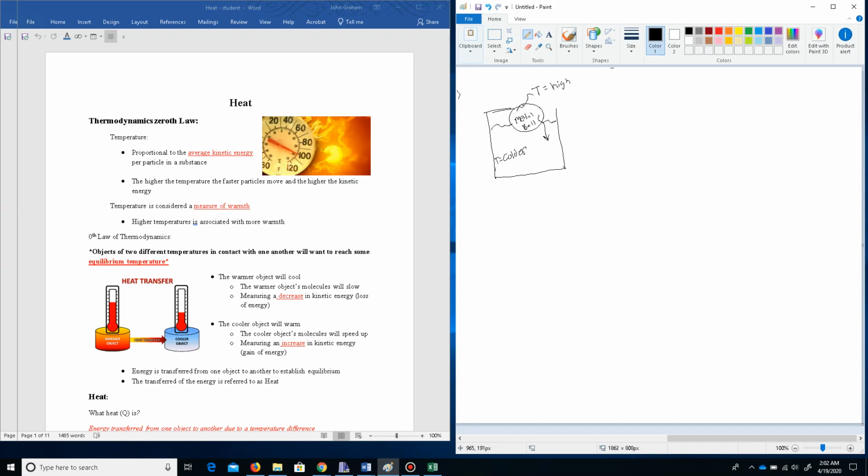Alright, so for temperature, we look at the temperature as proportional to the average kinetic energy per particle in a substance.